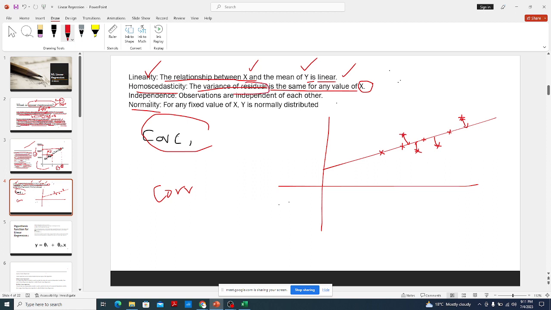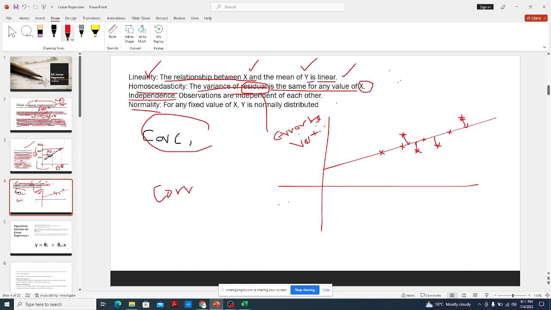Residual is also known as the error term, also known as the vertical deviation.